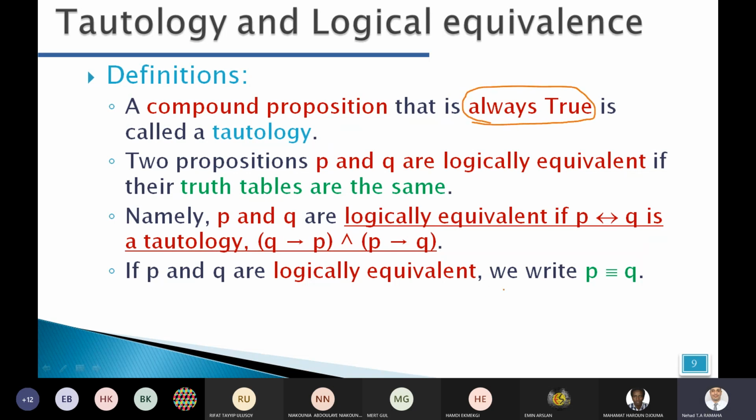This means if we have a proposition or compound proposition that is always true, or in another term, logically equivalent with true, we call this type of compound proposition a tautology.